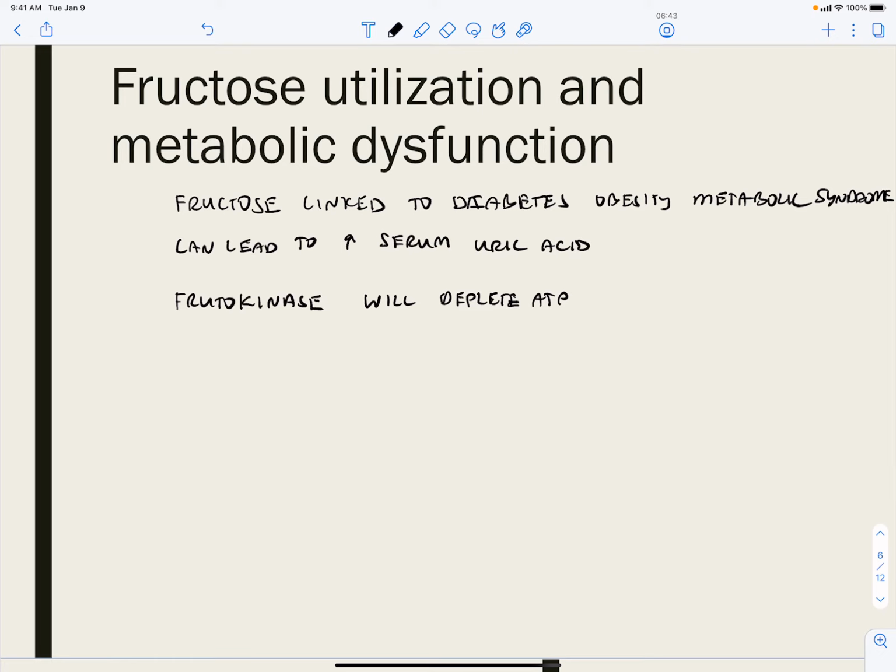And fructokinase has no feedback inhibition. So as much fructose as you eat, fructokinase will add a phosphate and you'll metabolize those carbons in fructose.